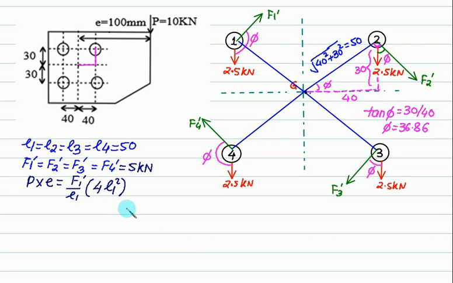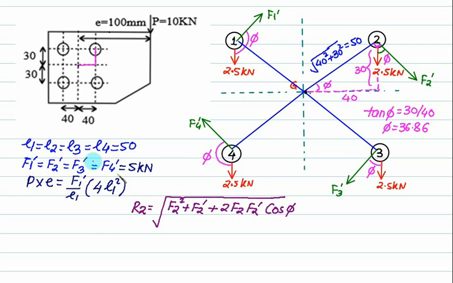Law of parallelogram of forces. The resultant force at R2 is the same as R3. R2 equals square root of F2 square plus F2 dash square plus 2 times F2 into F2 dash into cos phi.